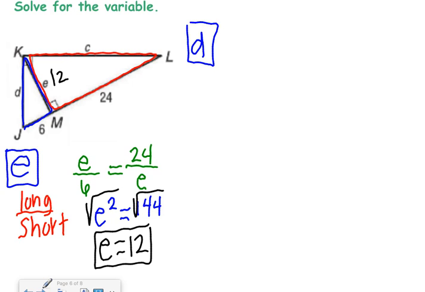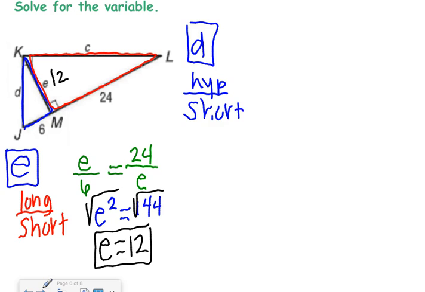So now we're looking for D. So D on the blue triangle is what side? Hypotenuse. What do we match hypotenuse with? Short. And what is it on the big triangle? Short. You see that? It's your short side. Wait, what?